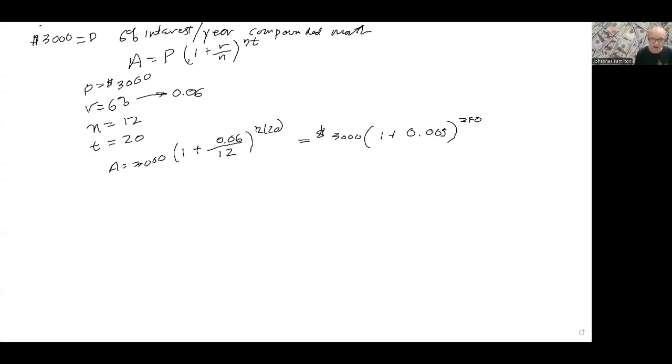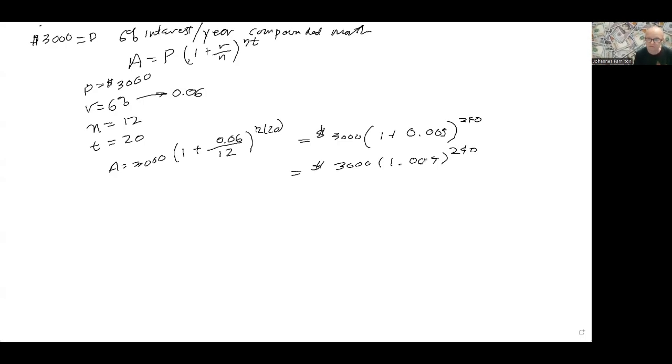So now we want to add those up inside the bracket. That's going to be equal to $3,000 times 1.005 to the 240 power.